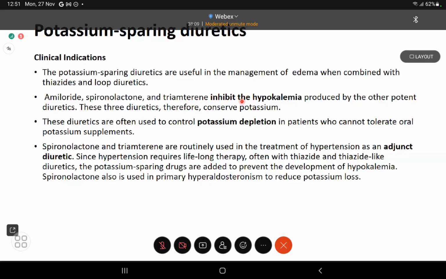Basically they inhibit hypokalemia, which happens in almost all the diuretics we have studied before, isn't it? So this one inhibits hypokalemia, meaning that they conserve potassium. This drug is often used to control potassium depletion.